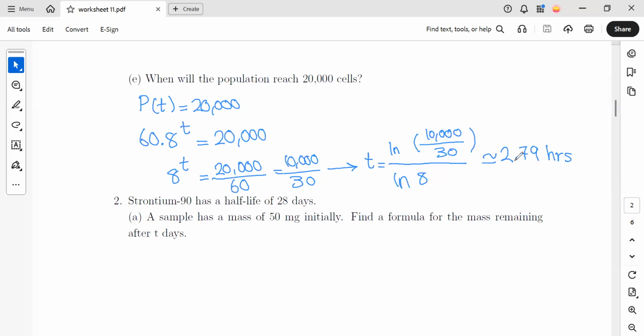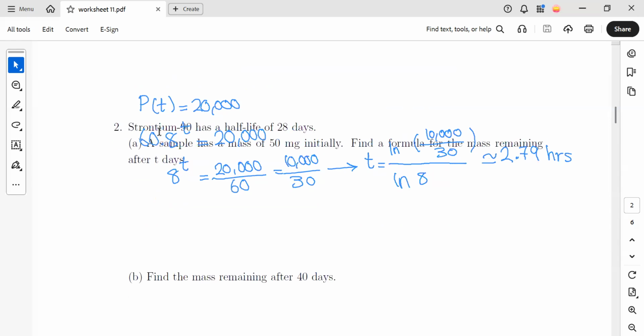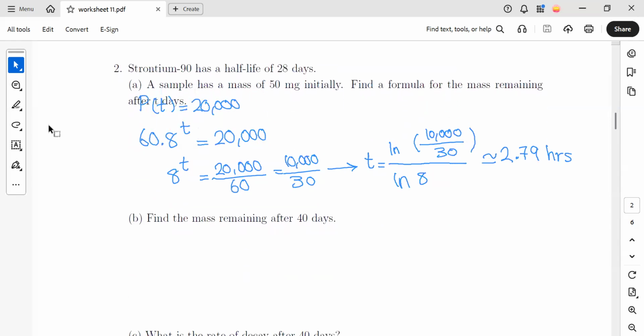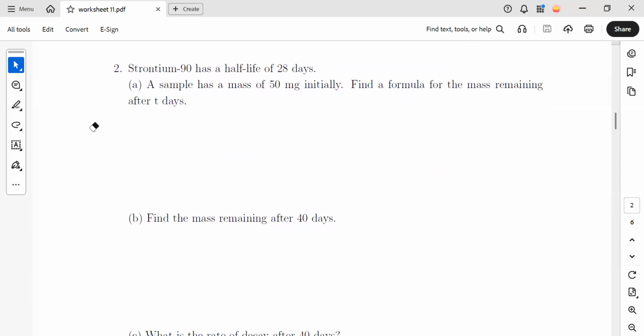Okay, we will do number 2. Okay, let me move it up. Number 2, based on the question, we have y of 0, the initial value, 50 milligrams.